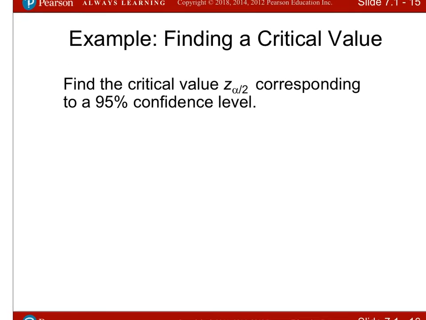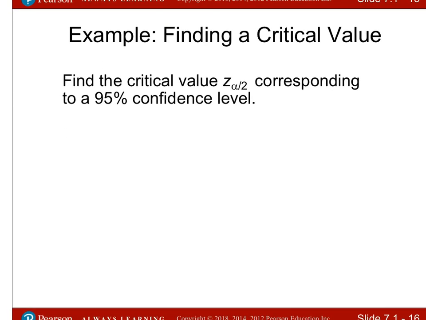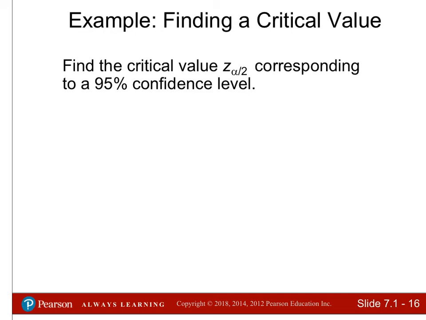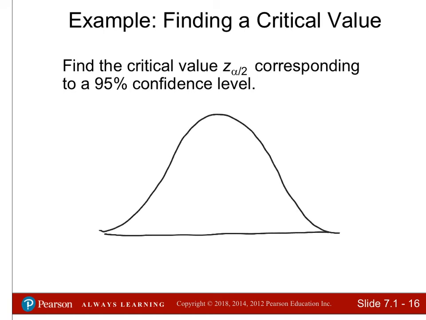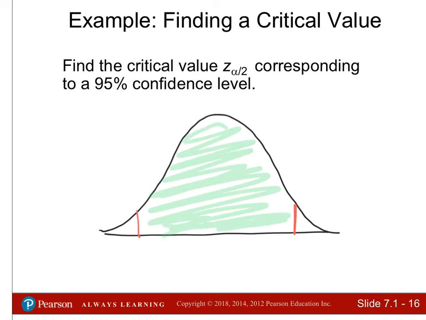So find the critical value, z sub alpha over 2, corresponding to a 0.95 confidence level. I'm going to write it out, and then the subsequent slides will show you their work, but I just want to talk through it. A 95% confidence interval means I've got a boundary here and a symmetric boundary here, so that this area in between is 0.95.